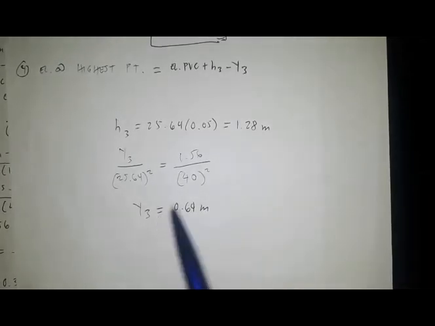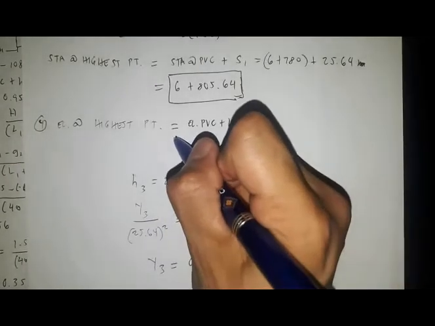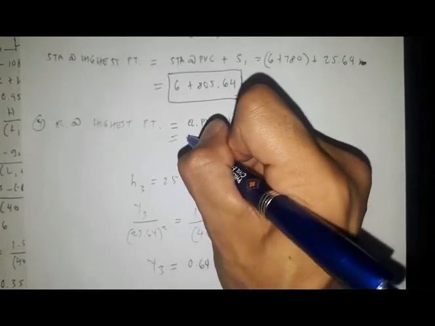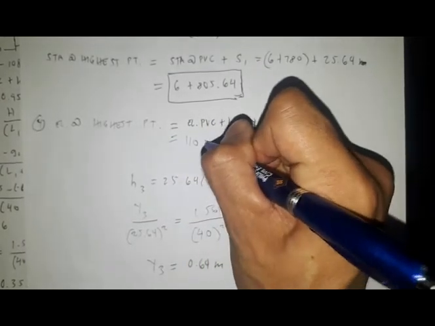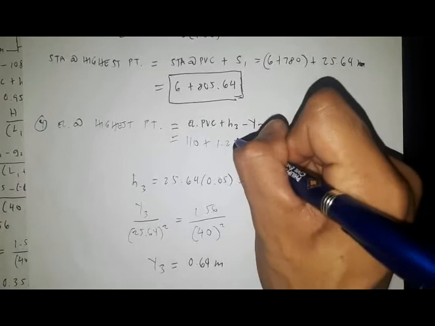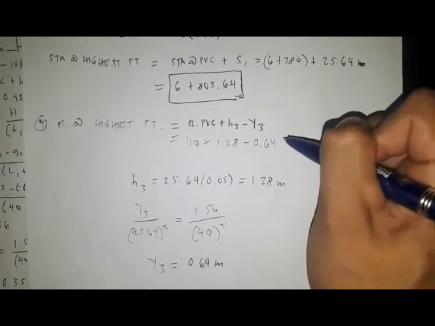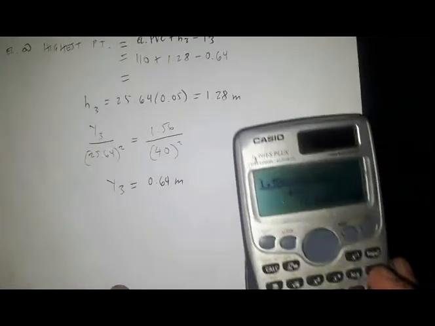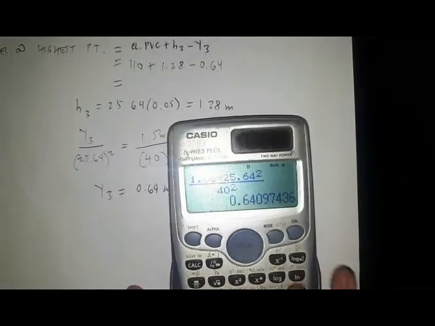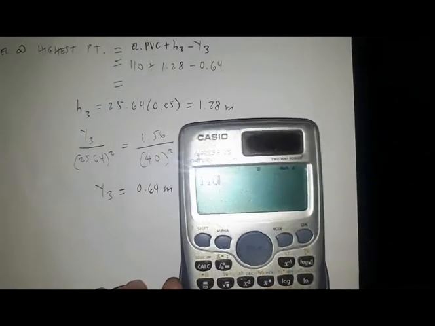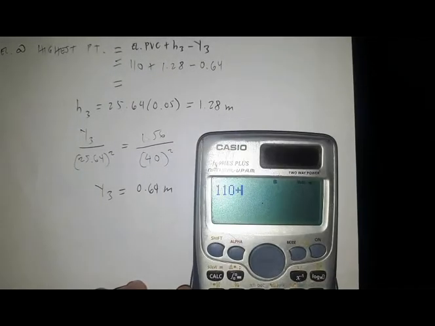Now we have Y3 and H3. We can substitute. So that is 110 plus H3 minus Y3. So the elevation of the highest point is equal to 110 plus 1.28 minus 0.64.